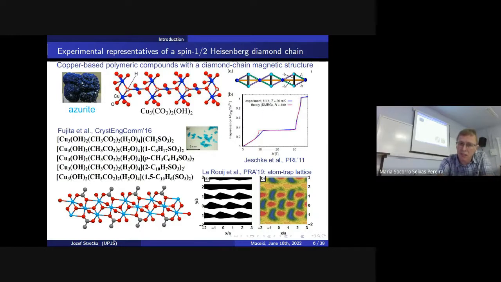But also interesting stuff, and maybe it's our hope that the model which I'm going to present can be realized. Leroy, for instance, showed that he was able to produce artificially a diamond chain using atom trap lattices. So this red and blue, it's just a position of some atoms trapped using convenient technology.